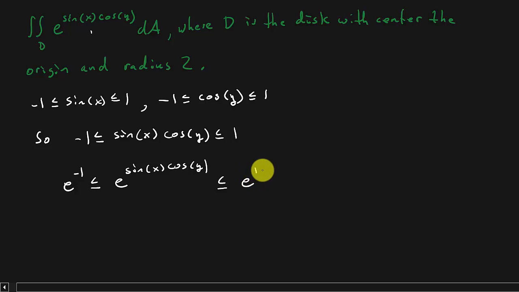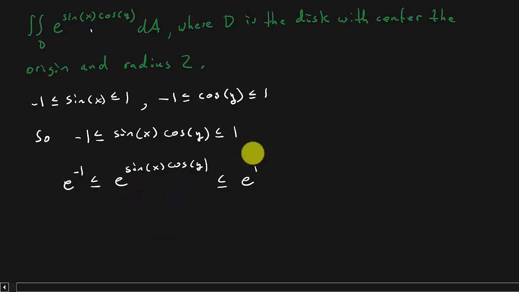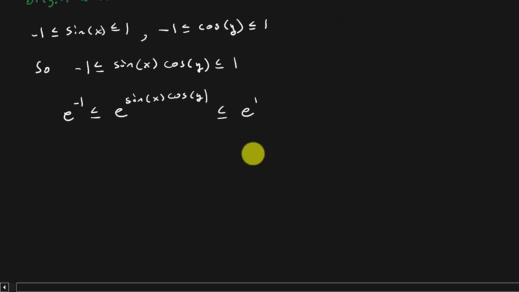I just do e raised to each one of those. And this is going to hold true right here. So basically what I have is 1 over e less than or equal to e to the sine x cosine y less than or equal to e.